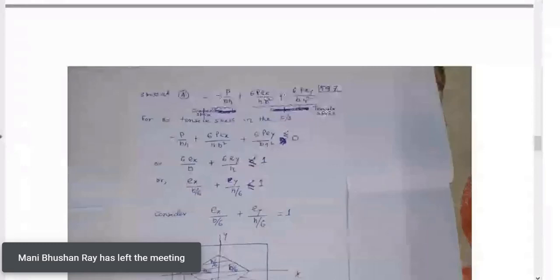For no tensile stress in the cross section, this stress at A will be less than or equal to 0. That is, minus P divided by B H plus 6 P Ex divided by H B squared plus 6 P Ey divided by B H squared is less than or equal to 0.